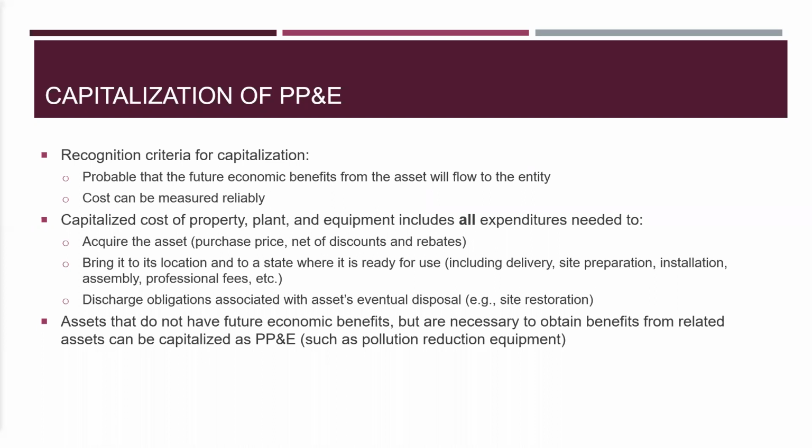Basically any expenses incurred to bring the asset to a usable condition. Likewise, at the end of the asset's useful life, if there is any cost related to discharging of the obligation, then we have to account for that as well. Assets that do not have a future economic benefit, but are necessary to obtain benefits from related assets, can be capitalized as property, plant, and equipment.